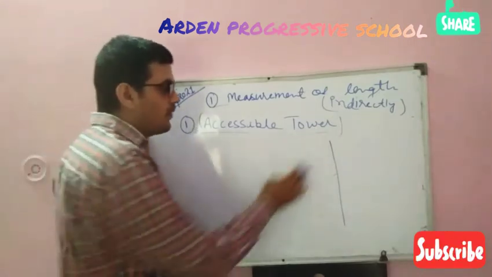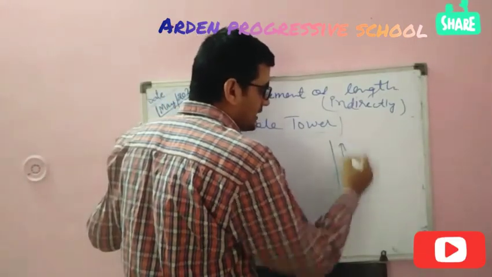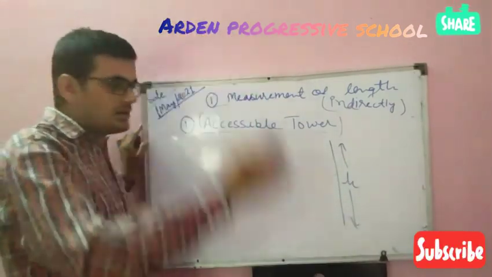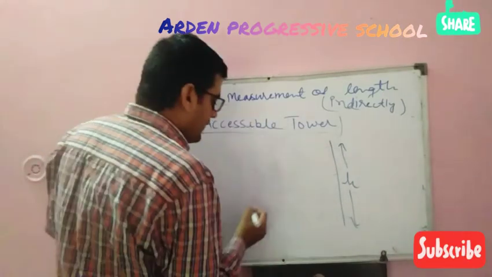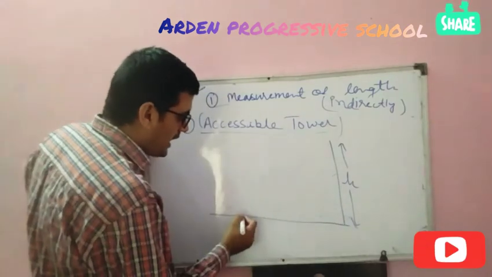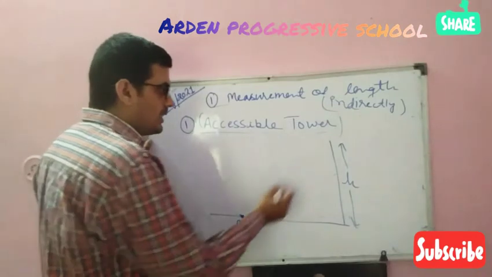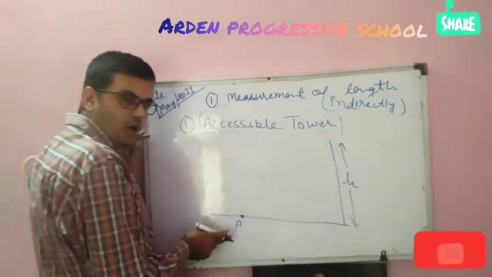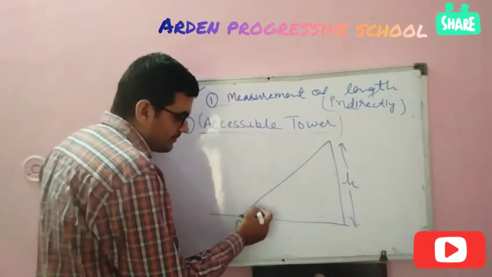Suppose we have a long tower whose height is h. This is the surface of the earth, and a person is watching from this point P, the point of observation, and from P the angle of elevation is alpha.